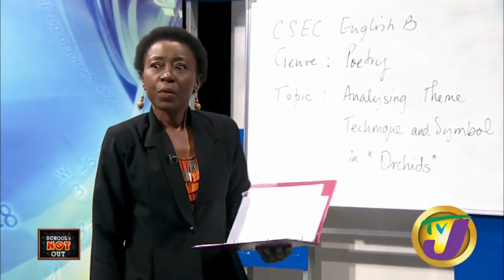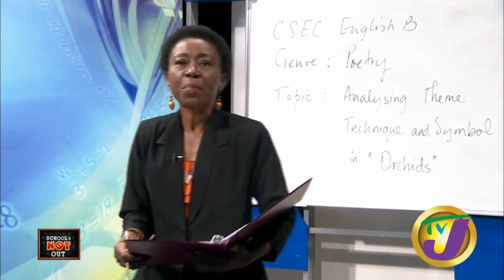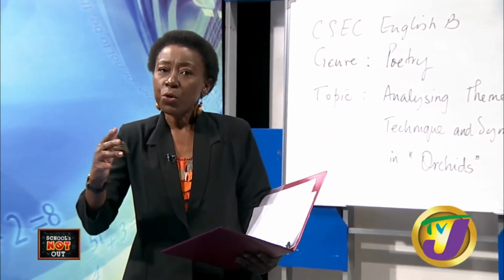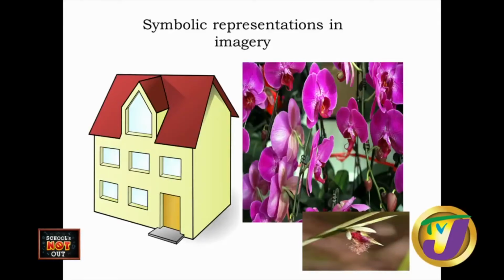So, we are now looking at symbolic representations, and so far we saw two main symbolic representations. We saw the house and we saw the orchids.